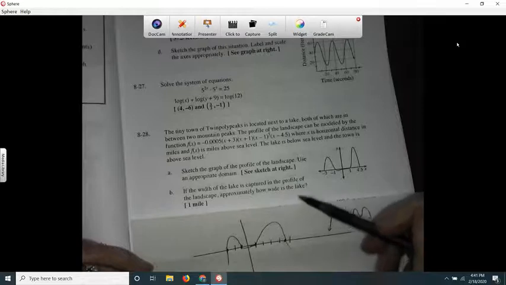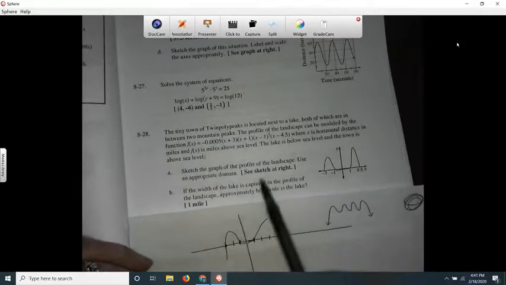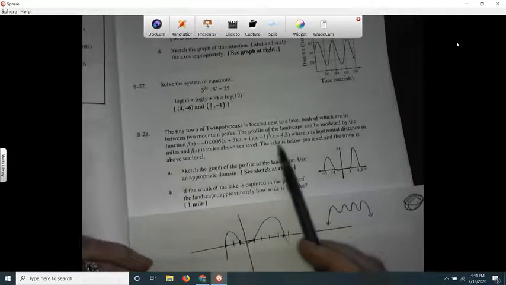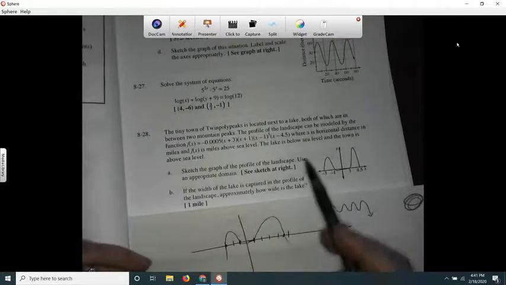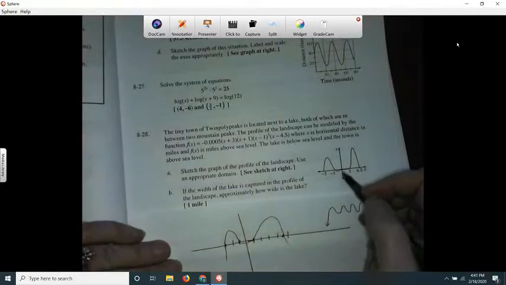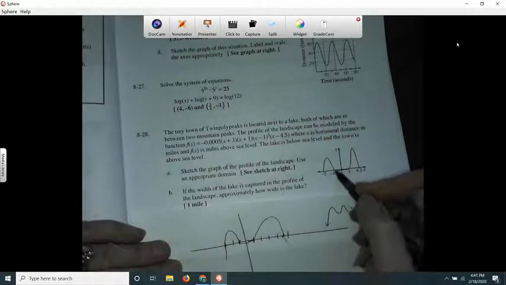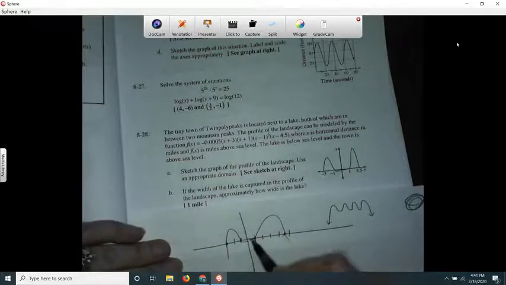So this one was a little confusing. We found out that the lake is below sea level. So the only place on this graph, if you just go by looks, that's below sea level is right here. And it goes from 0 to -1, so it's just 1. If you look at this graph, it's kind of hard to tell.